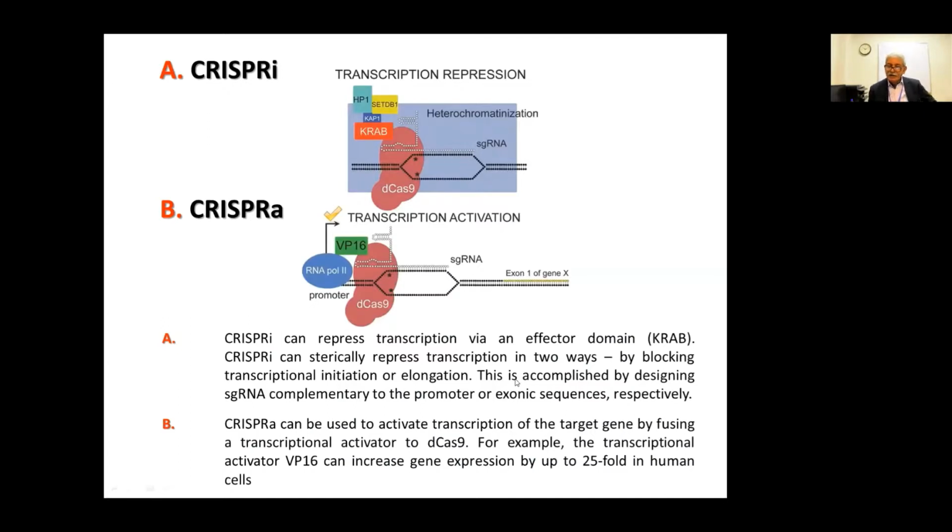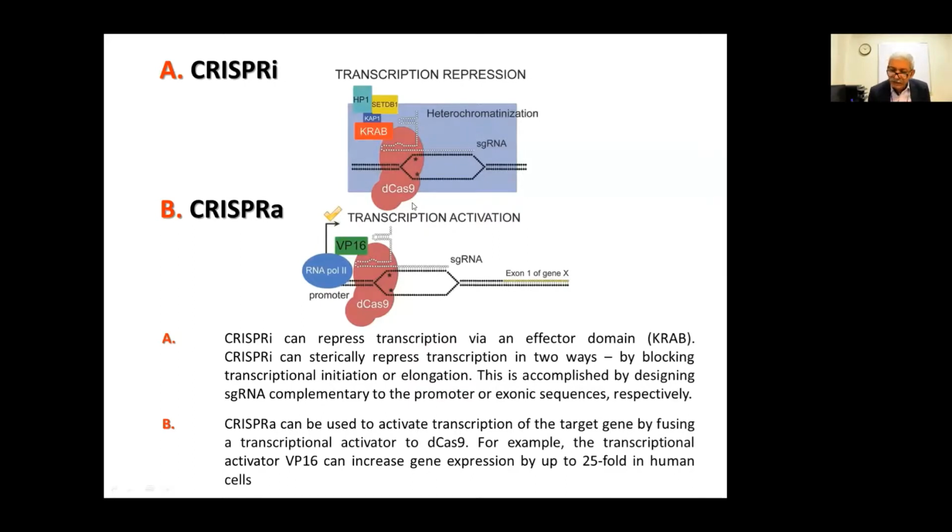A very good application of the CRISPR-Cas system is just like RNAi. Have you heard about RNAi? Yes, sir. Okay. RNAi is used to suppress gene expression, right? Just like that, you develop the CRISPR-Cas system to suppress.